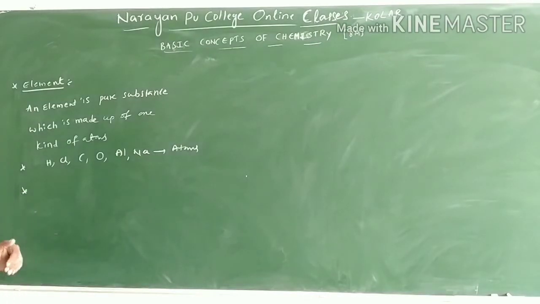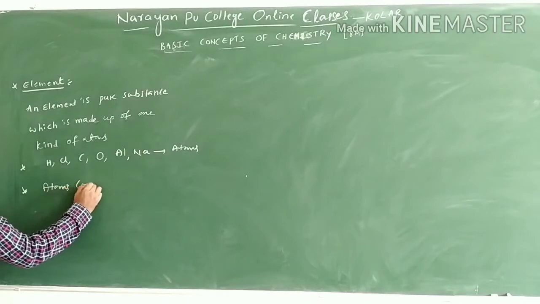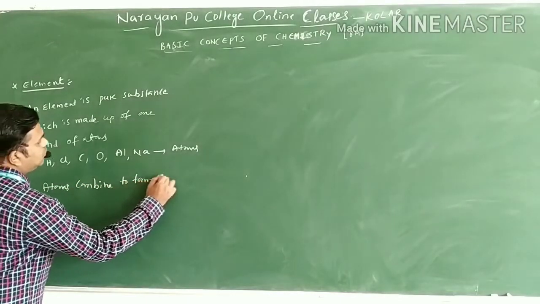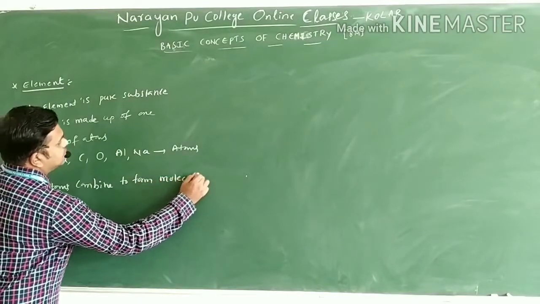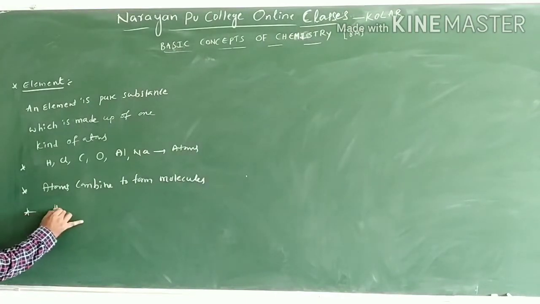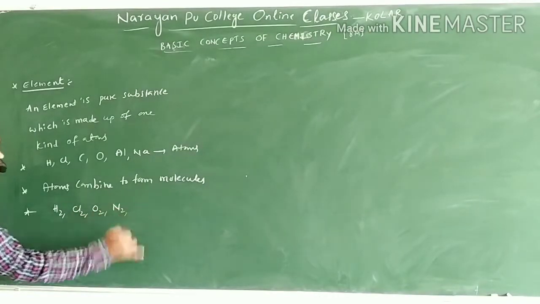Atoms are combined to form what? Molecules. Atoms combined to form molecules. Maybe same atoms, maybe different atoms only.